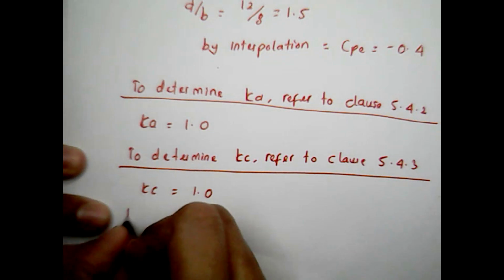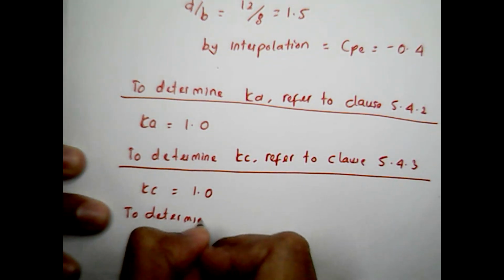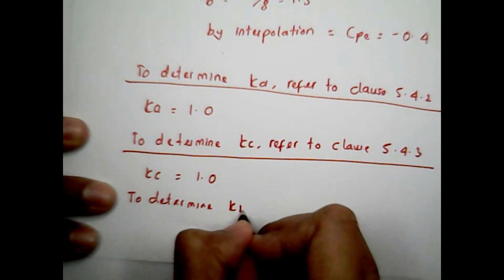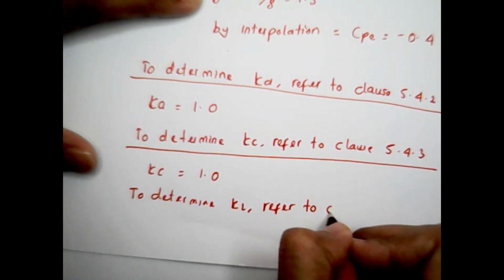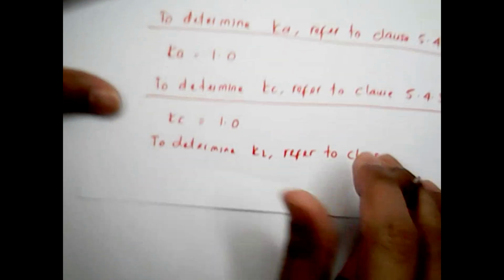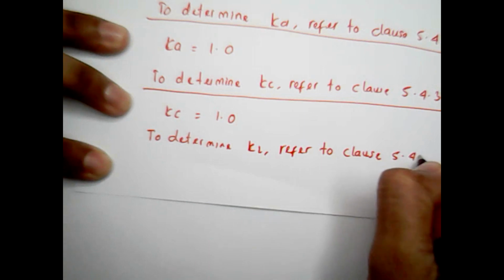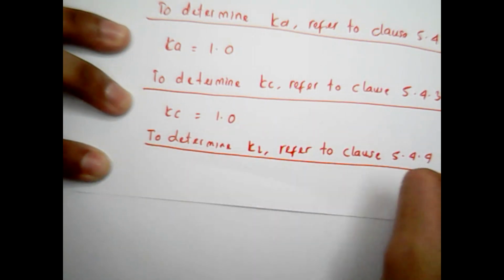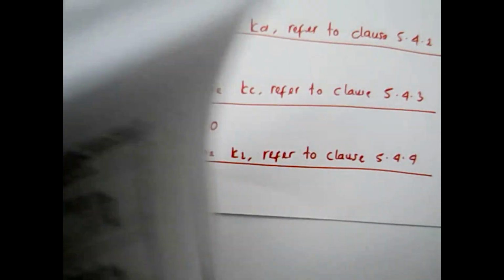So then to determine KL, you have to refer to clause 5.4.4, where this is the clause 5.4.4.